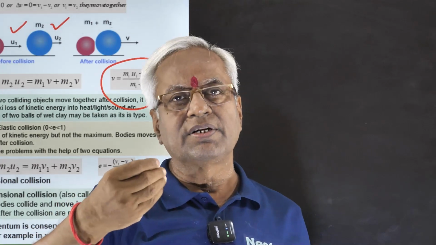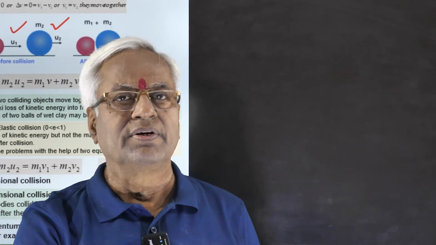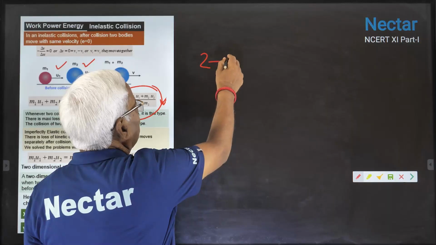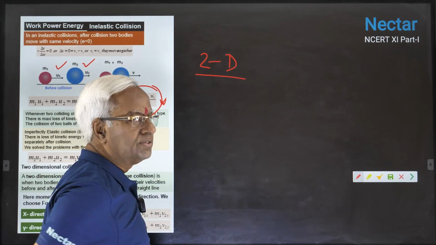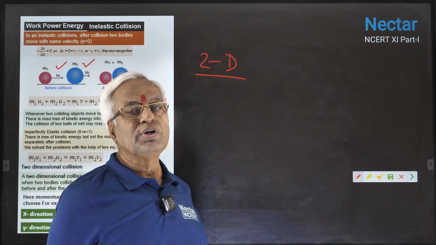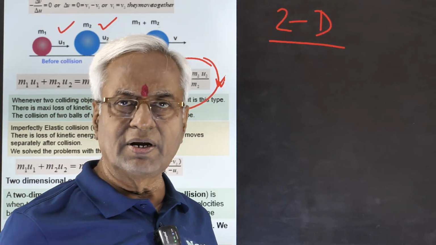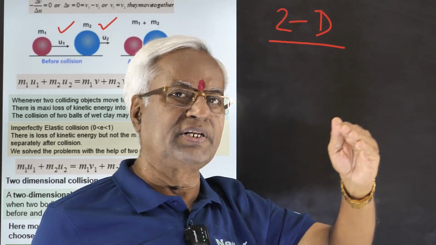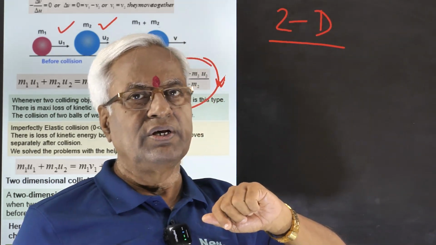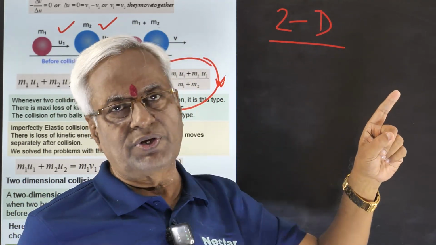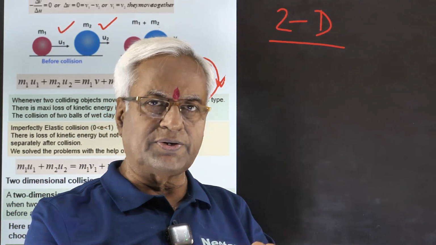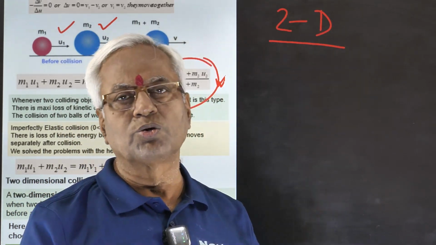But if these velocity vectors require more than one axis, it would be called 2D collision, means collision in a plane. Here we need two axes for representing their velocities. In such cases, we call it oblique collision also, because the possibility of a bit of rotation is also there.